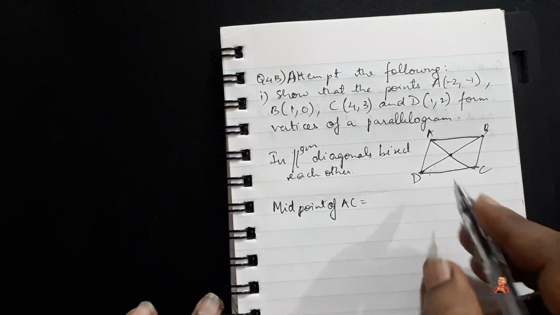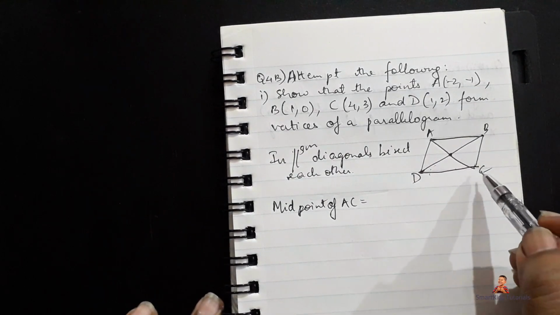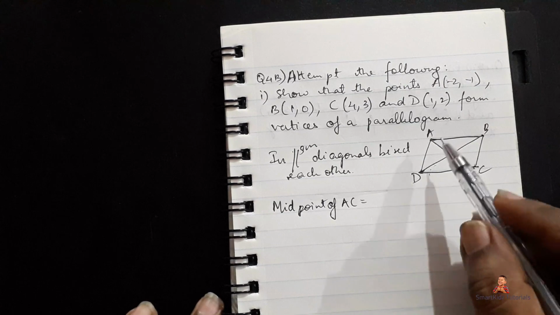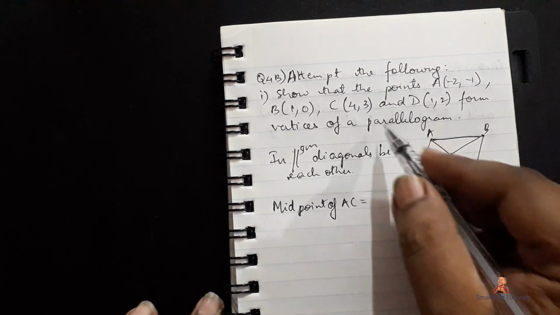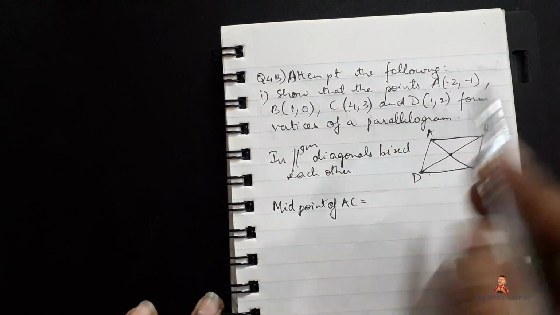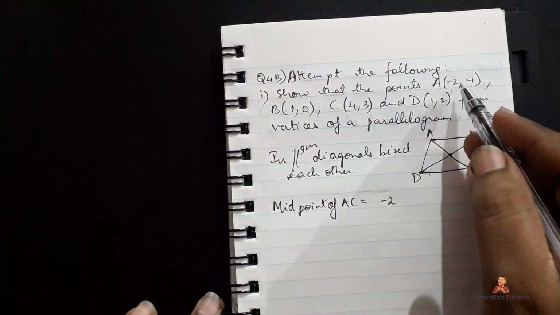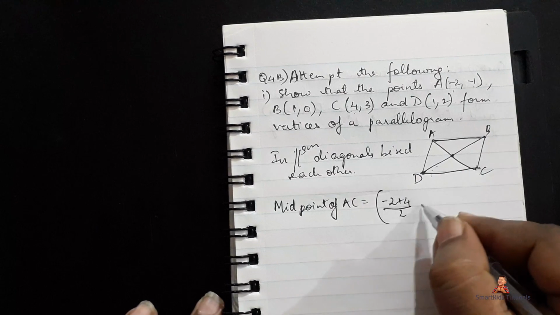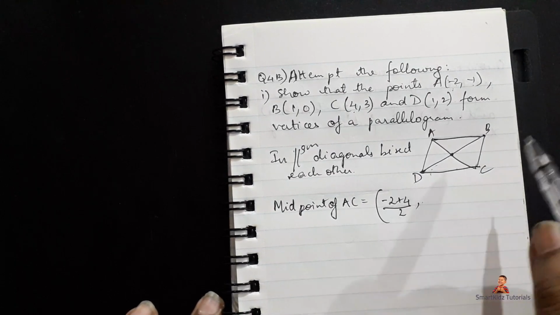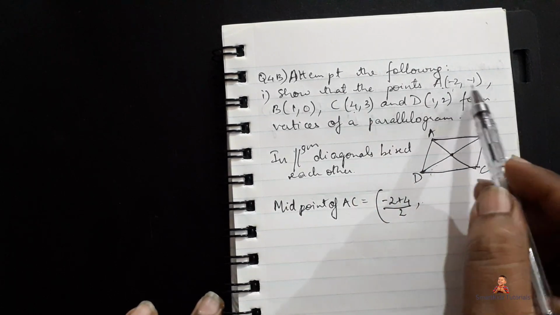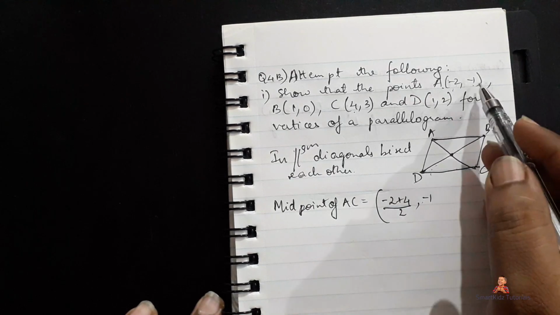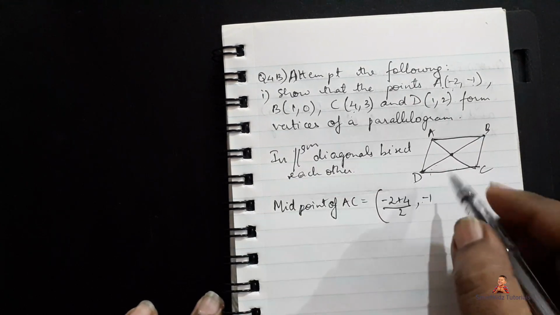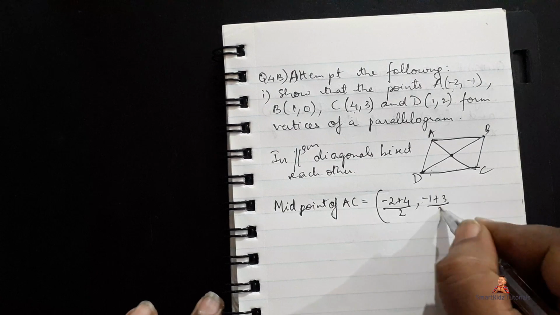The midpoint of AC is given as (x1 plus x2 upon 2, y1 plus y2 upon 2). A is here minus 2, so x1 plus x2 is minus 2 plus 4 upon 2, comma, y1 is minus 1 plus y2 is 3 upon 2.